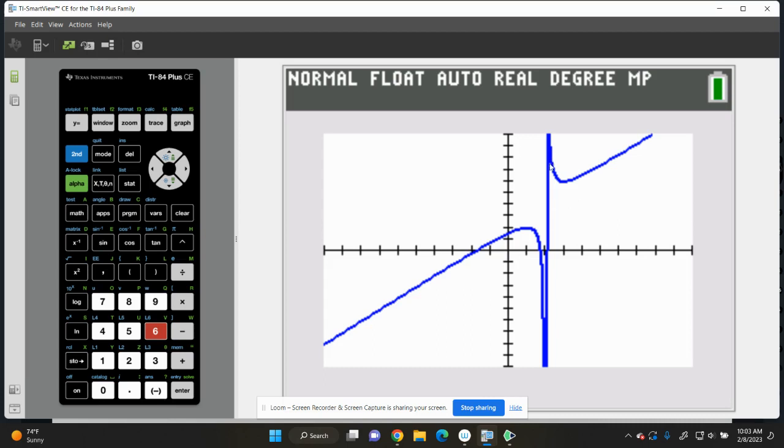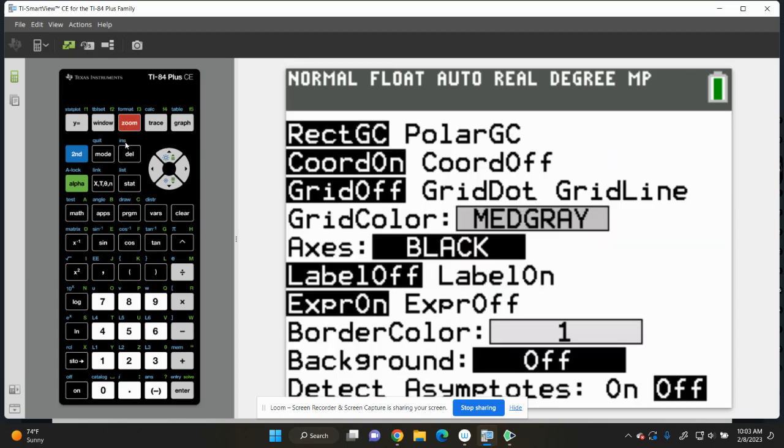This line right here in the middle is actually not part of the graph. That's an asymptote. I'm not sure why it's showing up actually. This is the exact asymptote. Oh yeah, there it is.